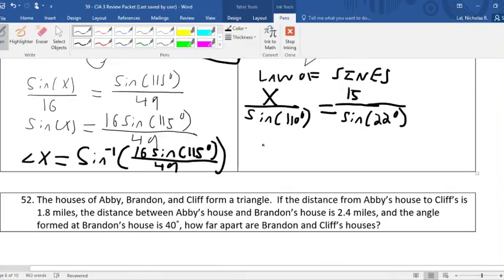So x is going to be equal to 15 times the sine of 110 degrees over the sine of 22 degrees.